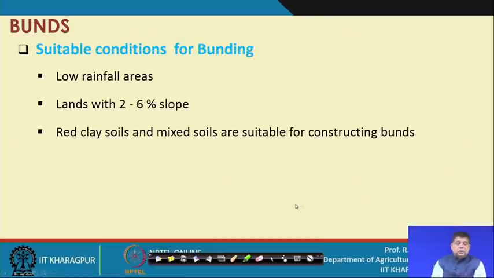Coming to suitable conditions for bunding. If you consider the suitable conditions of bunding, then these are preferred in low rainfall areas, because as you can see, whatever rainfall occurs, we try to store that in between two bund areas. So, if it is a very high rainfall area, that means either the cross section has to be too big, which means cost will be a factor, and also too much land will be required for constructing these bunds.